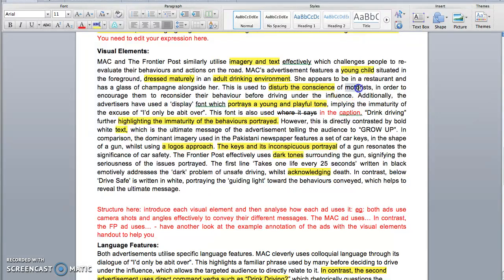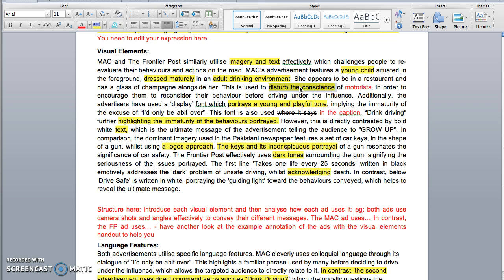Now, you're talking about the target audience, so be specific here. To disturb the conscience, or to play on, I think actually rather than disturb the conscience, this is playing on the audience's sense of guilt. Because the whole point about this is that far too many people have taken that risk.